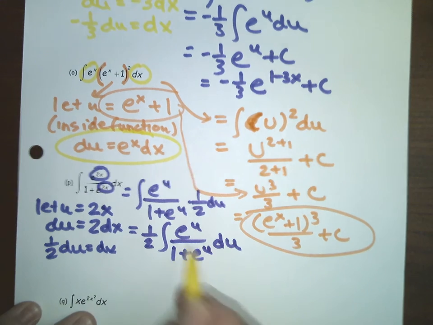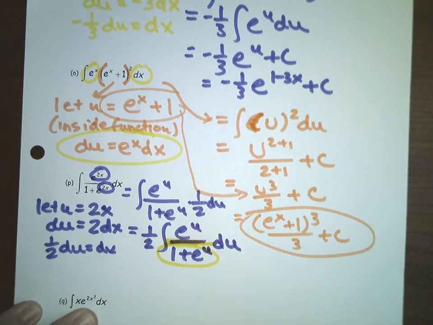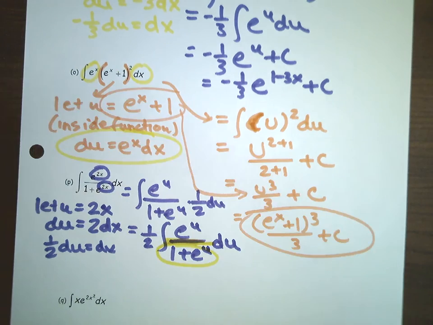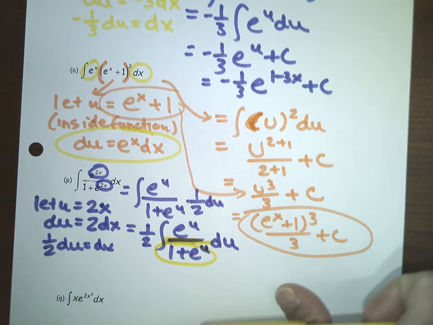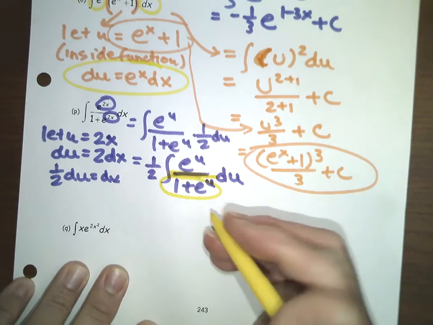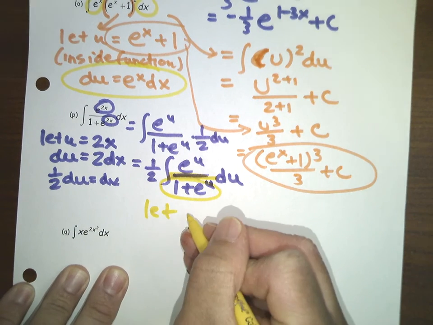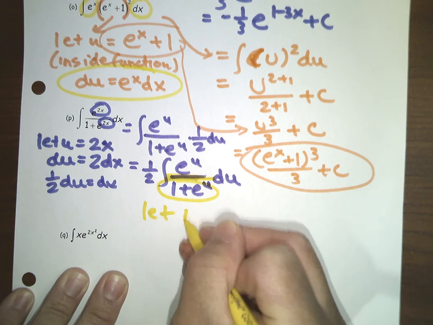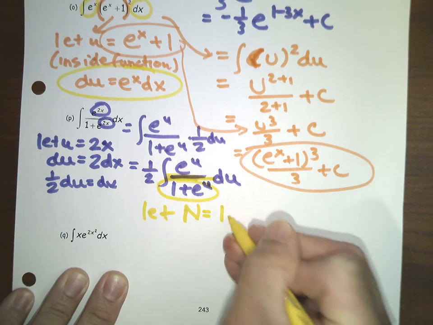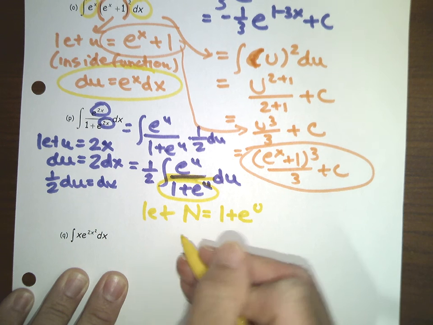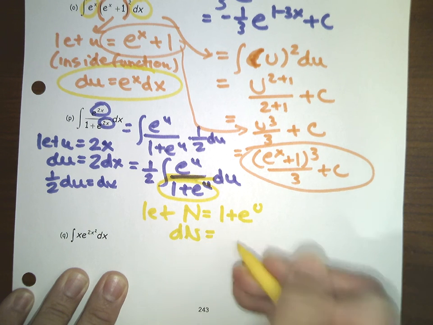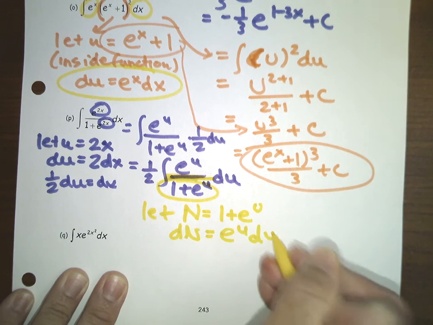I might actually let the denominator be something that I substitute, but I can't use the letter u again because I already had the letter u in the problem. So let's let n, for Nuzret, be 1 plus e to the u. So that means dn is e to the u du.